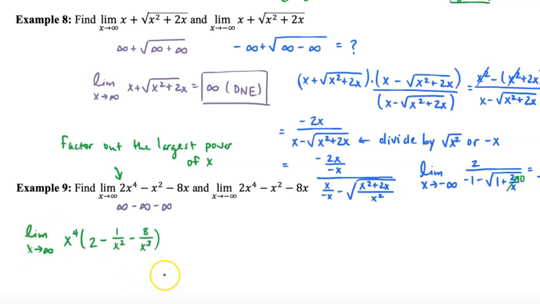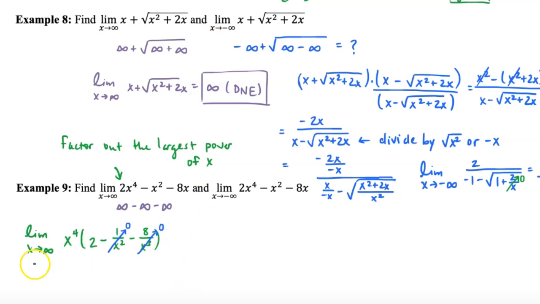Now what happens as x approaches infinity? And remember that when I factor something, I'm not changing the value of it. So this is a perfectly sound operation. As x approaches infinity, both of these terms with a constant in the numerator and x to the power of something in the denominator are going to get closer and closer to 0 as x gets larger and larger.